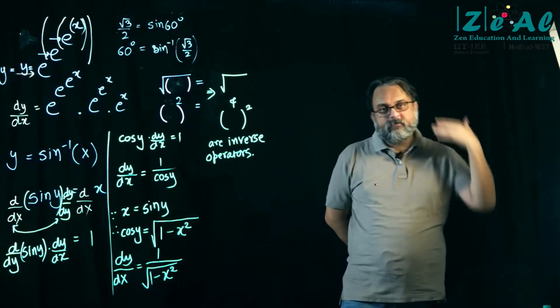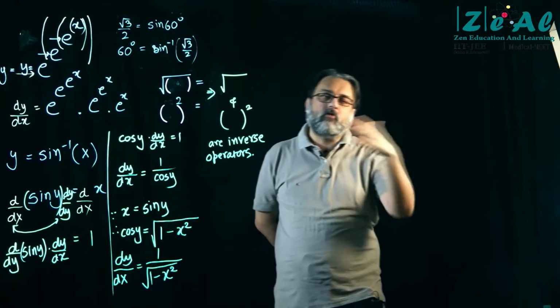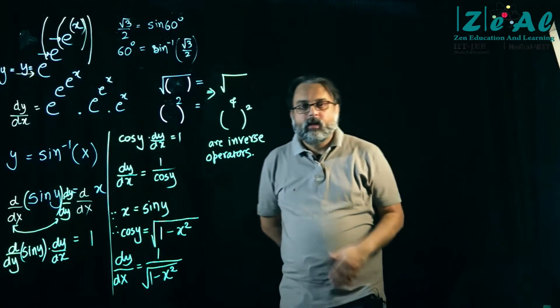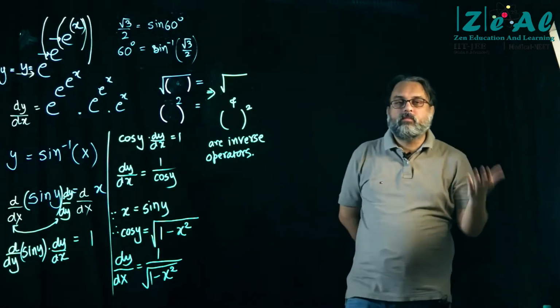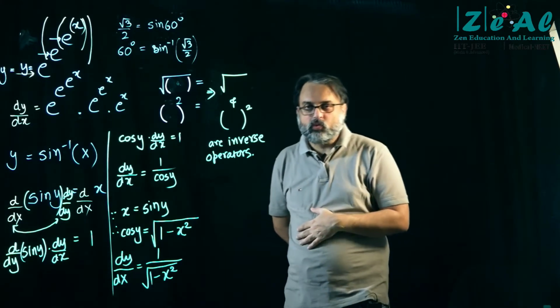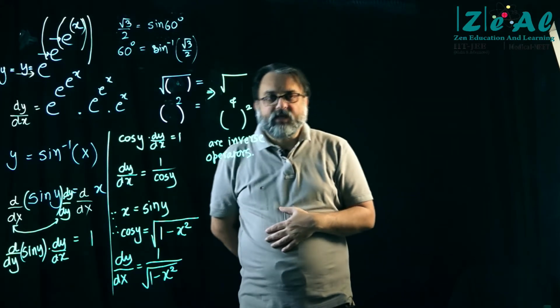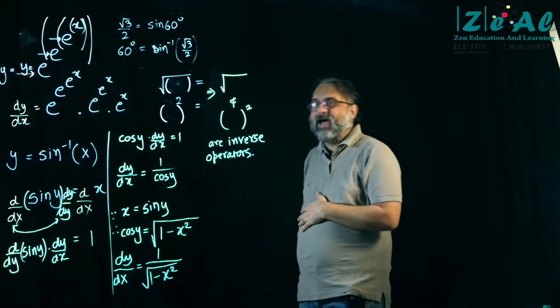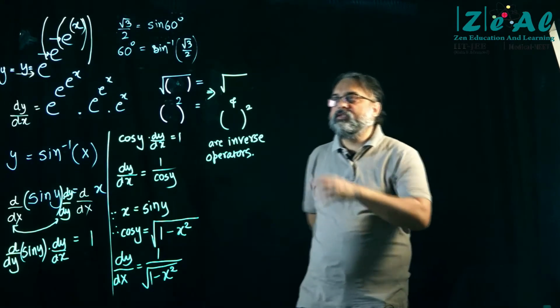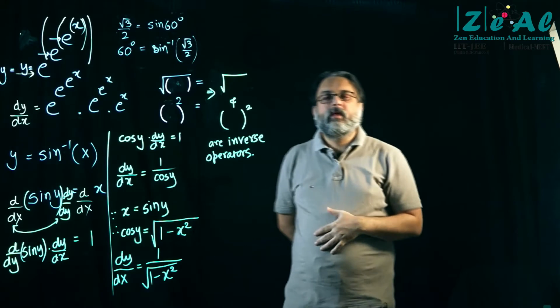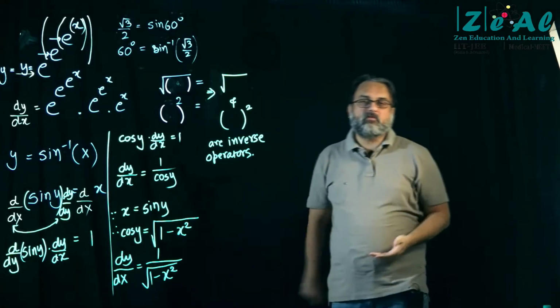That means that the input of operator 1 will become the output of operator 2, the output of operator 1 will become the input of operator 2. And the second property is that if you operate these two together, then it will have no effect on the number whatsoever.